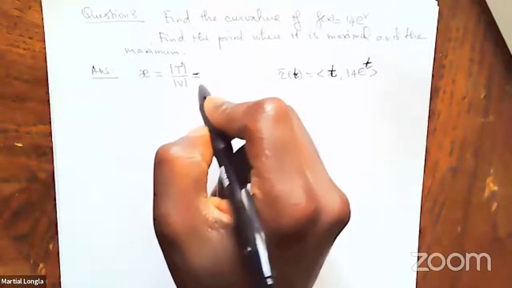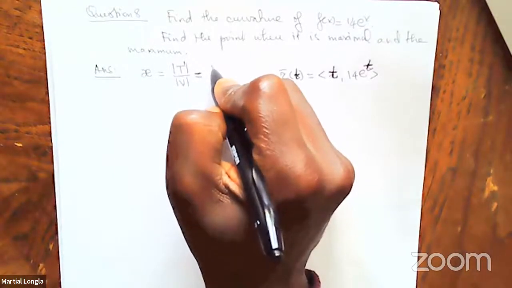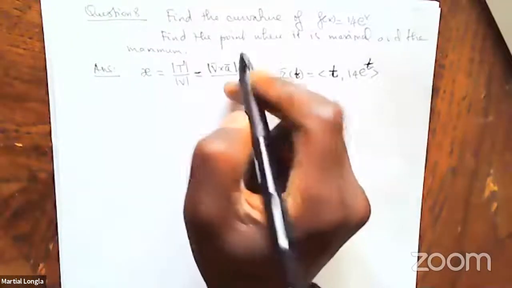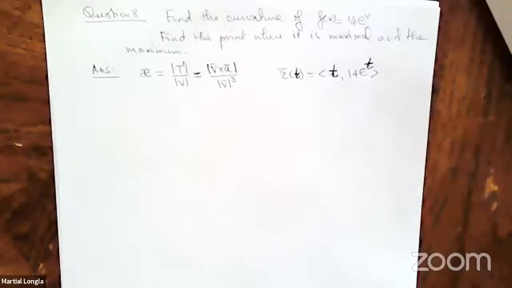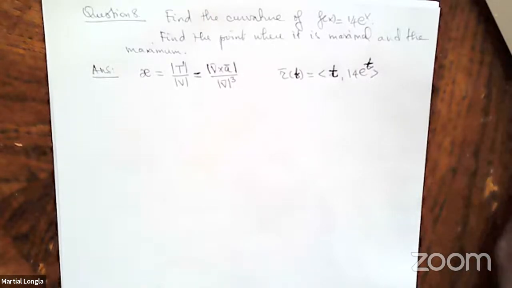Is it the magnitude of v cross a over the magnitude of v to the third? The magnitude of v cross a, because this is a number, over the magnitude of v cubed. That's the alternative formula that we had, and that's ultimately what you need to use in this case if you want to avoid trouble.